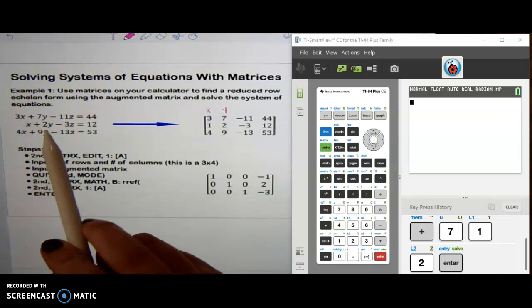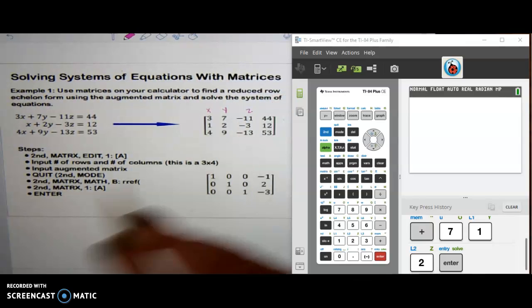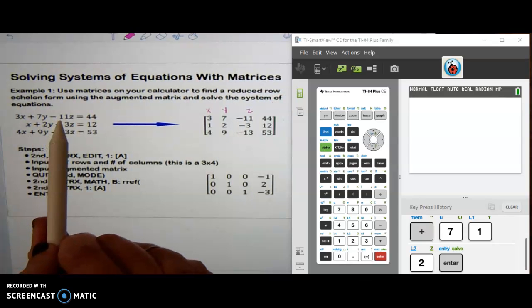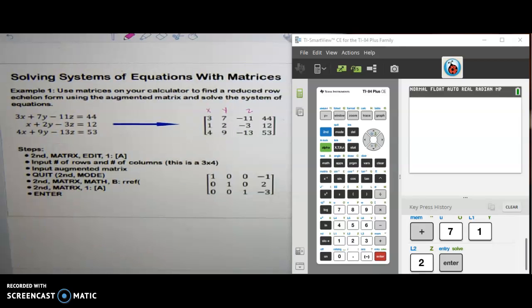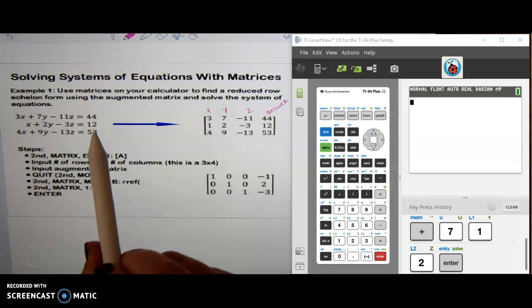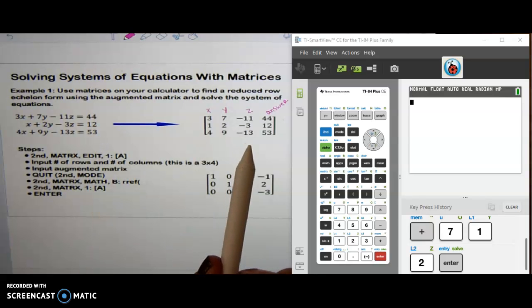So 7, 2, 9. Third column, you have all of your z's. Make sure if it's negative, you include the negative. Negative 11, negative 3, negative 13. So x, y, z, and then the last column is what it's equal to, or the answer. So 44, 12, and 53. So we want to just make this matrix in the calculator first.